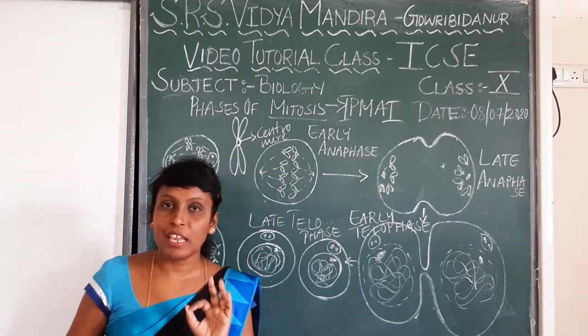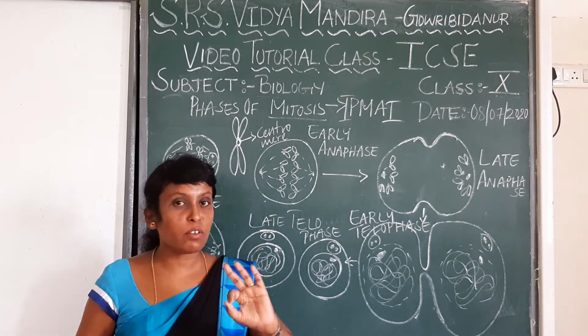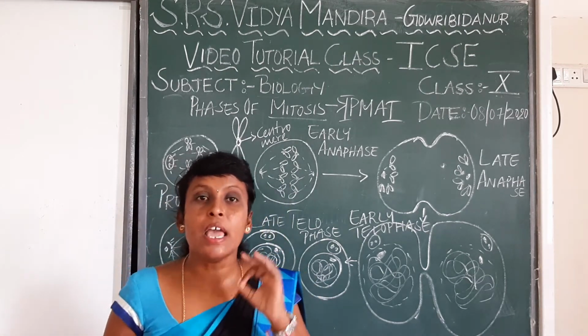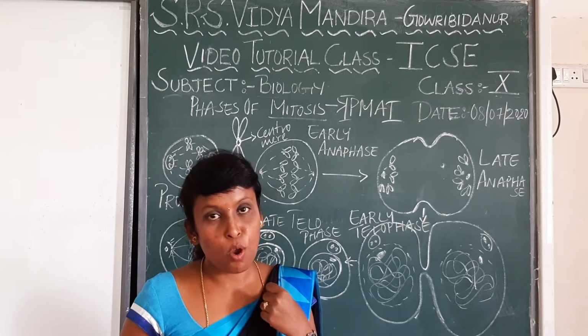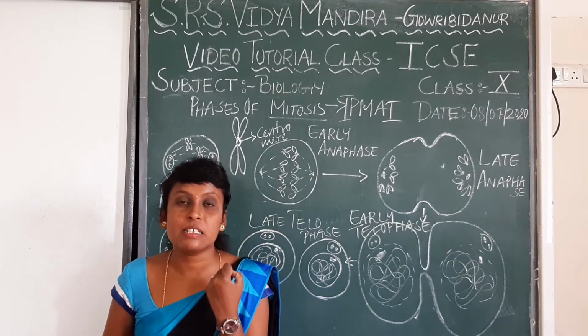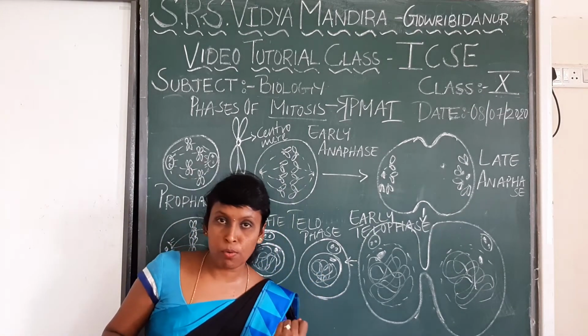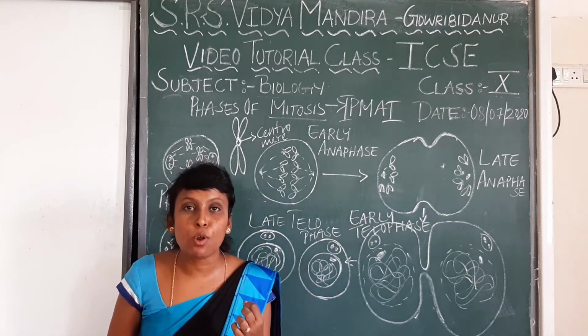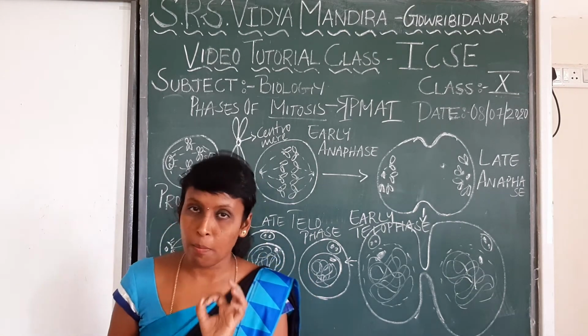Another main thing here: I have told you about karyokinesis and cytokinesis in my previous video. What is karyokinesis? That is the division of the nucleus. And what is cytokinesis? That is the division of the cytoplasm.